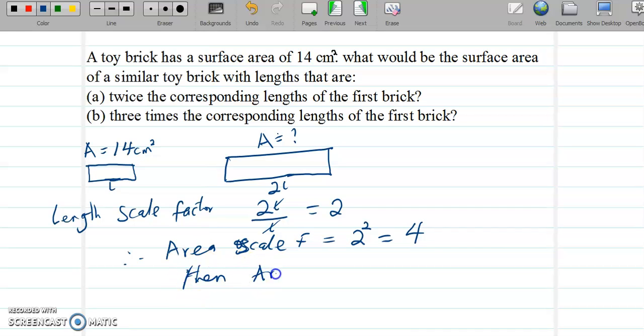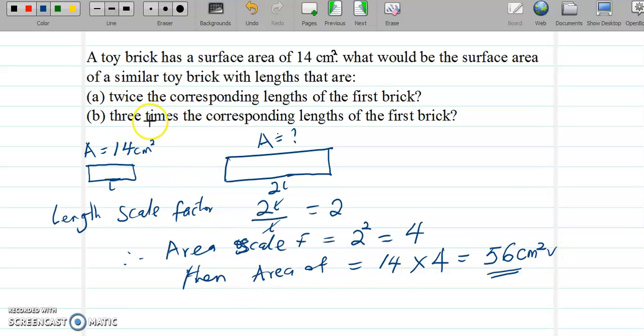The area of the first one will now be 14 times 4. See that? And that gives us what? 14 times 4 gives us 56 cm squared.